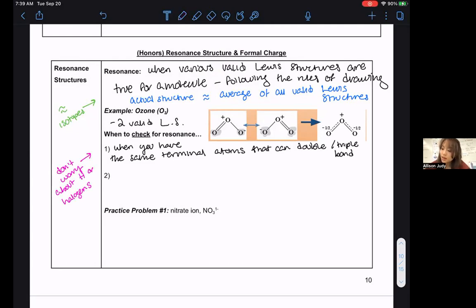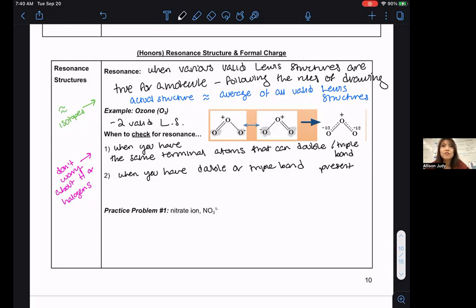Another situation where you might want to check for resonance is when you have a double or a triple bond at all. Here, what I'm saying is, if it's not obvious that, oh look, I have all oxygens on the end, or, what's another one that can double bond? Oxygen is really, really, really common as an exterior atom.